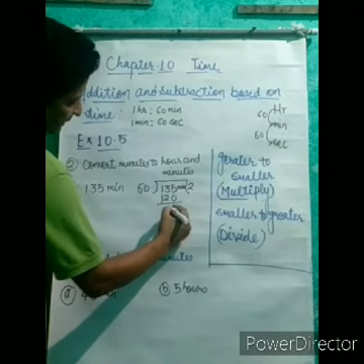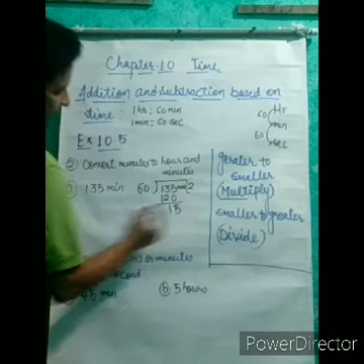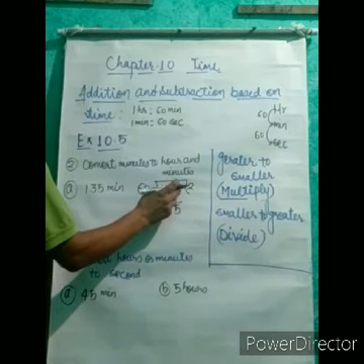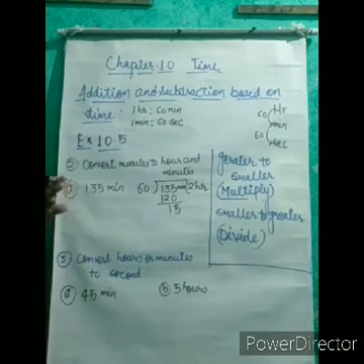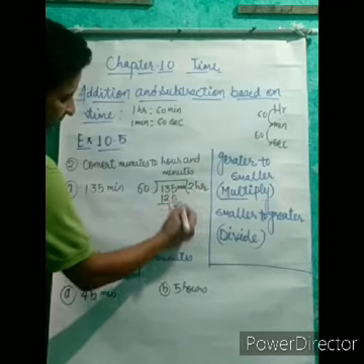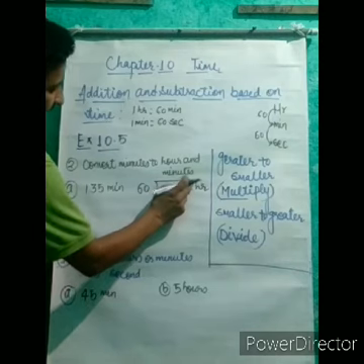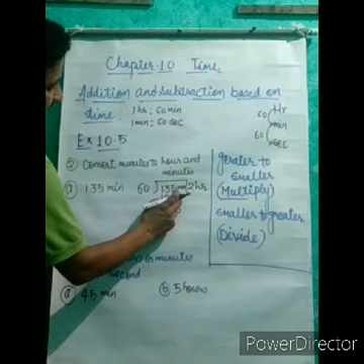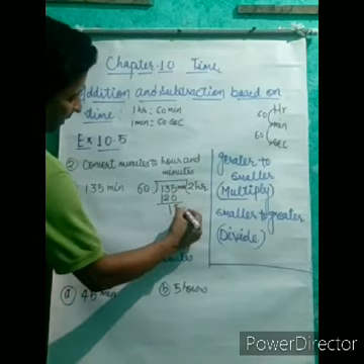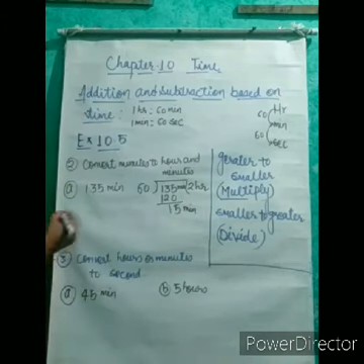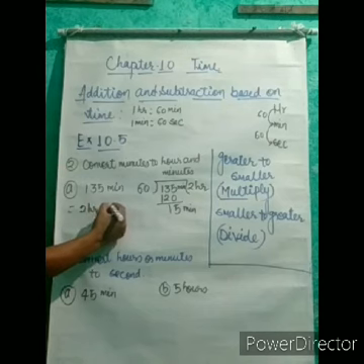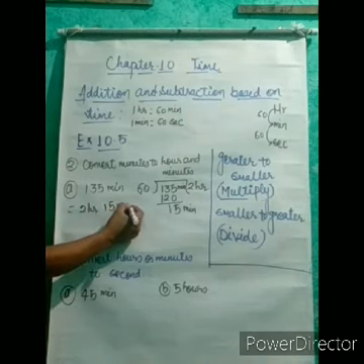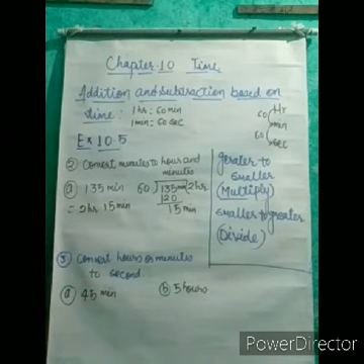What is left here is 15. When 60 divides 135, the quotient will come in hours, and the remainder will come in minutes, because 135 is minutes. From 135 we are subtracting 120 minutes, so the remainder will come in minutes. So your answer will be 2 hours and 15 minutes. Same way you can do the other ones.